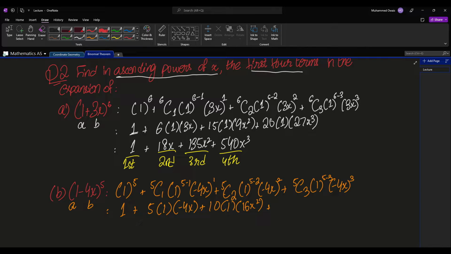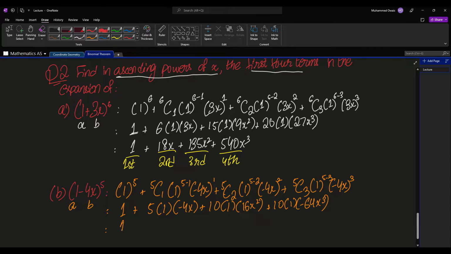And now 5C3, this gives us 10 once again, and then 1, and then negative 4 cube is minus 64. Know that any odd power does not change the sign to positive. It will just remain as is. So this gives us negative 64 x cube.